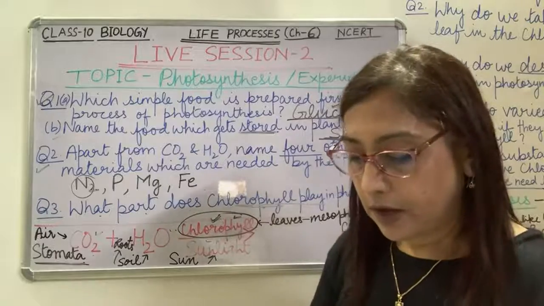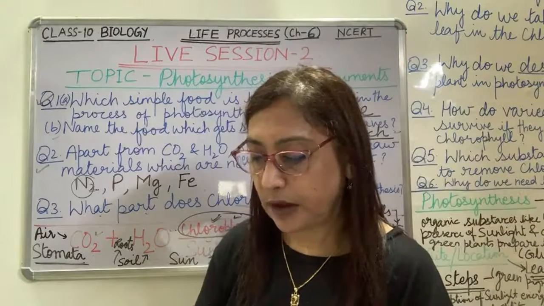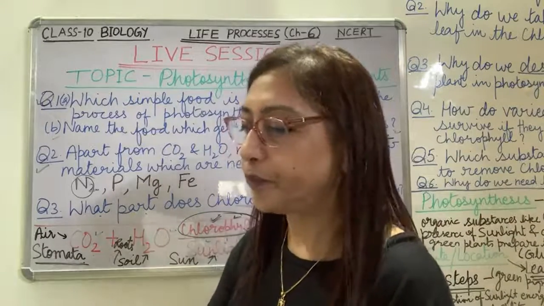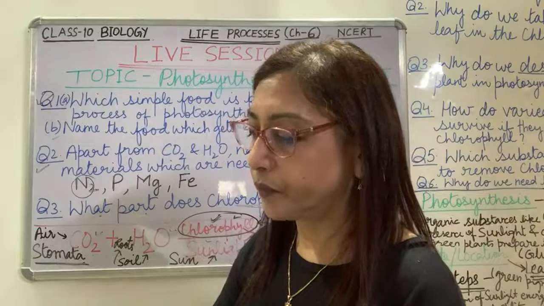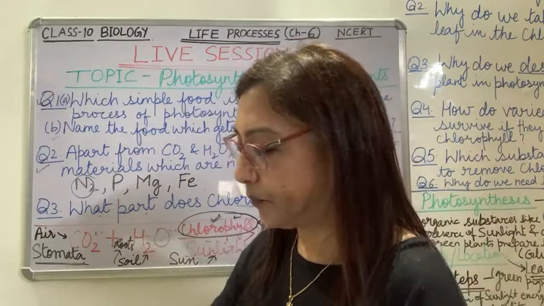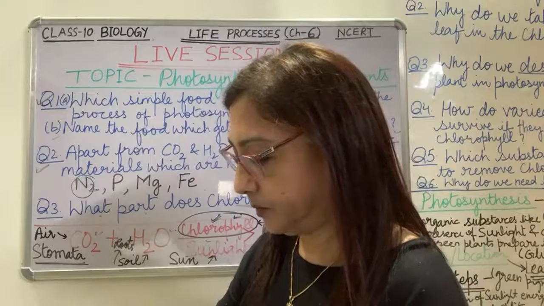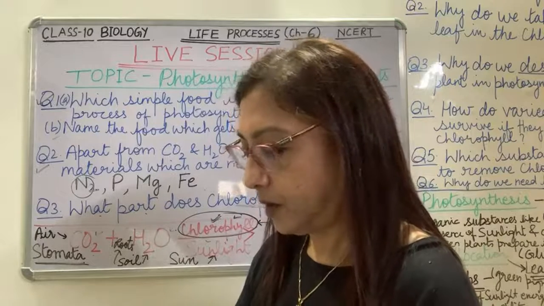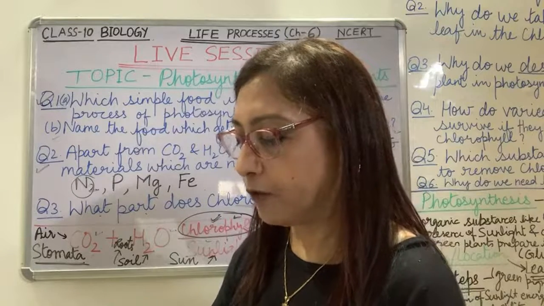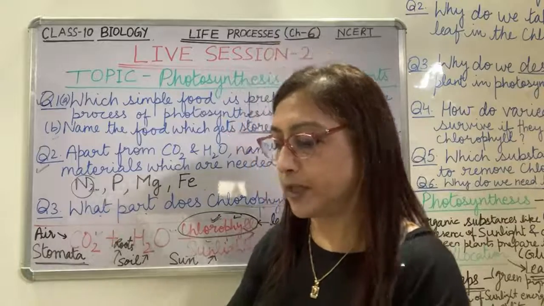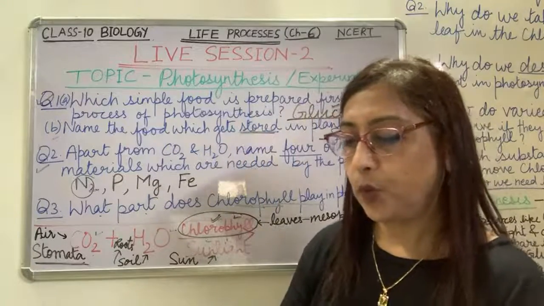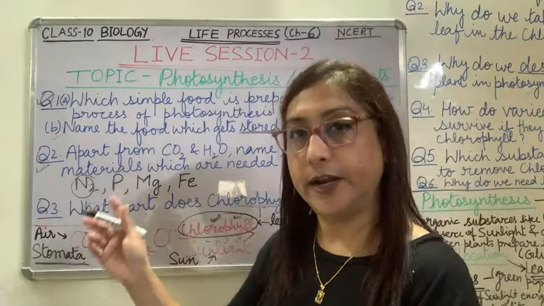Now children, a few more questions which we will answer orally. Name the organelle of the plant cells in which photosynthesis occurs and where is it present? This I have already discussed.